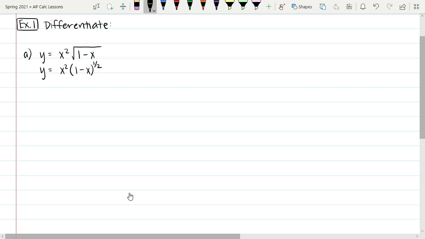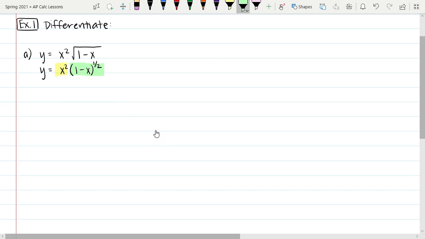Like I was saying in the intro, today we're looking at examples where the chain rule is going to be part of the process, but not the only rule involved. I've read this function aloud a couple of times, and both times hopefully you noticed that I said it's y equals x squared times (1 minus x) to the 1/2. So what we should recognize is, first and foremost, this function is a product. It's the product of x squared times (1 minus x) to the 1/2.